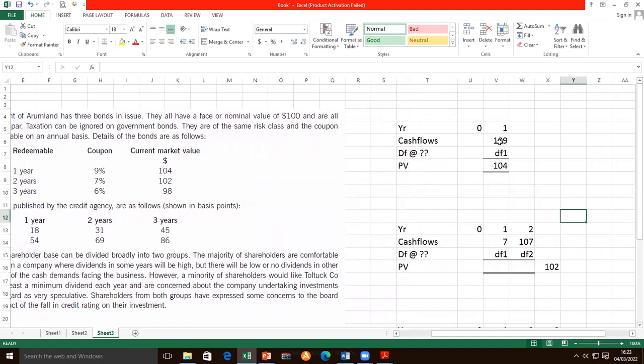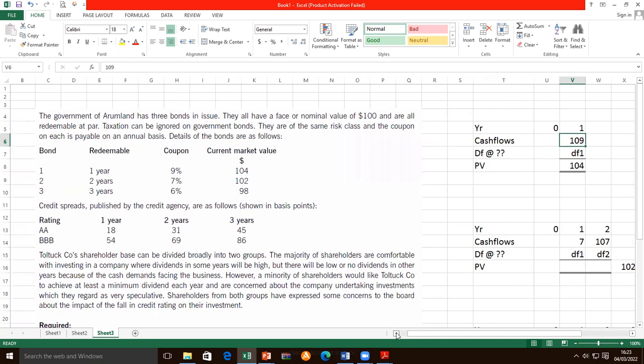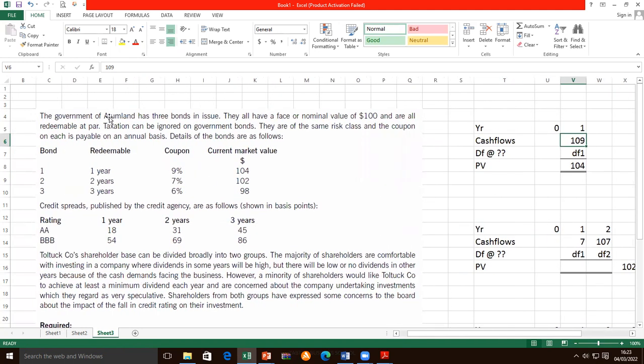Where has the 109 come from? Can somebody explain where the 109 has come from? How do you get 109? It's because of the interest, the coupon of 9. So at the end of that period, the interest we just add it together to the 100.